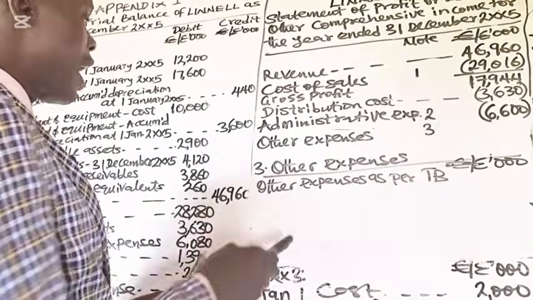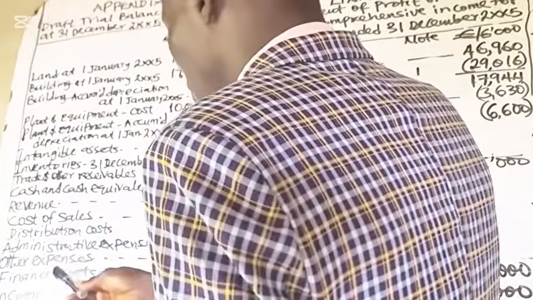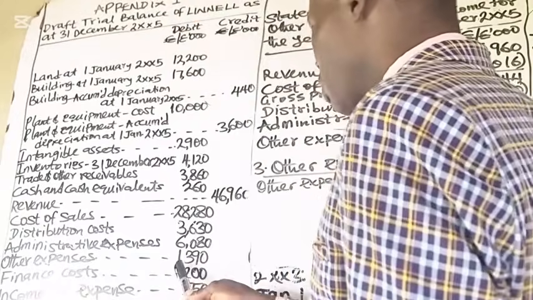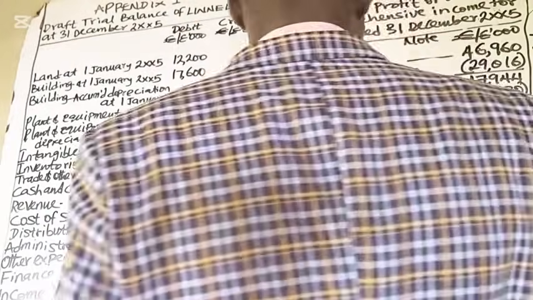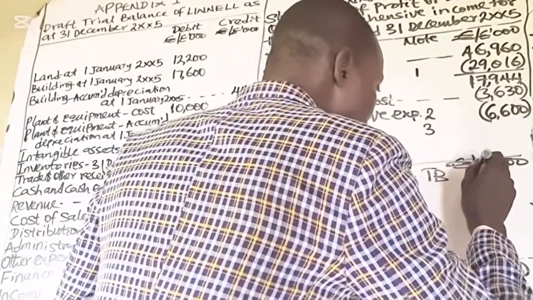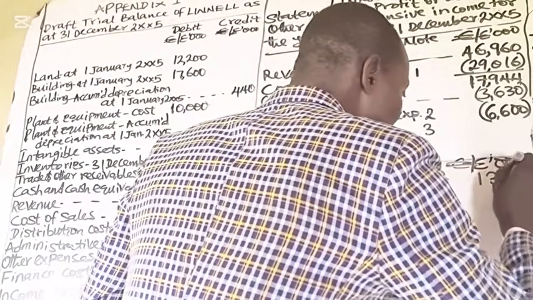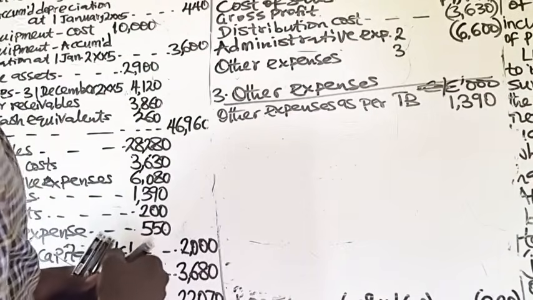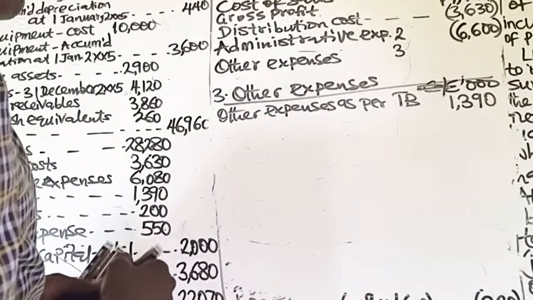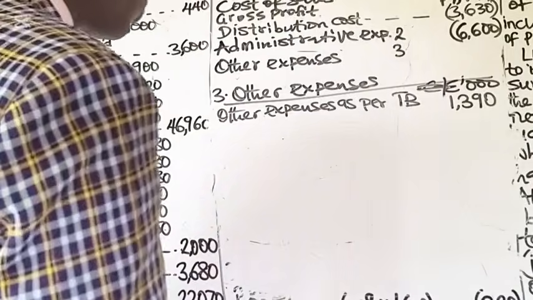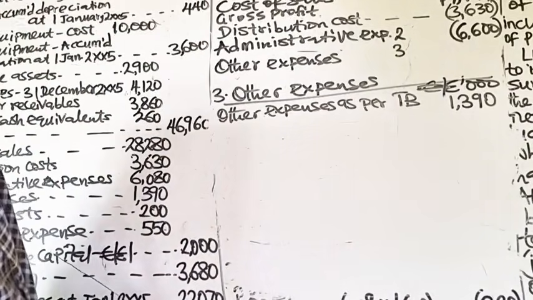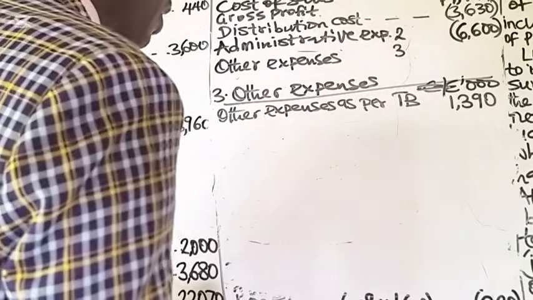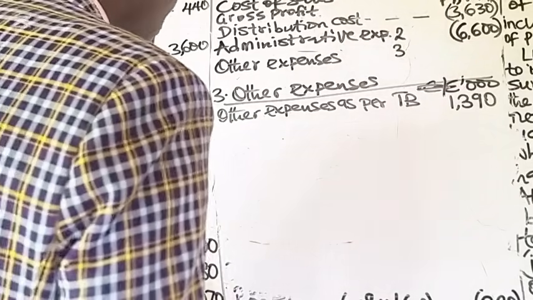The amount we have as other expenses in the trial balance is 1,390,000. We have impairment of plant and equipment, which is to be classified as held for sale in accordance with the provisions in IFRS 5.